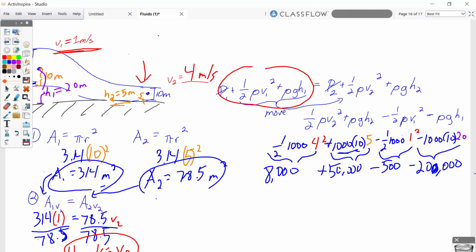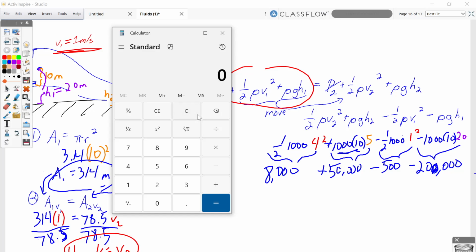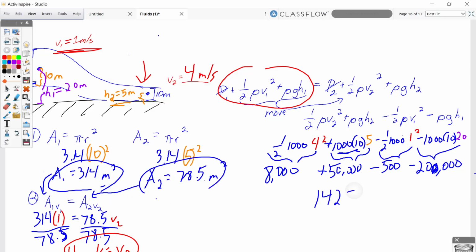And now we add everything up. 8,000 plus 50,000 minus 500 minus 200,000 gives me 142.5 pascals, which is our pressure.